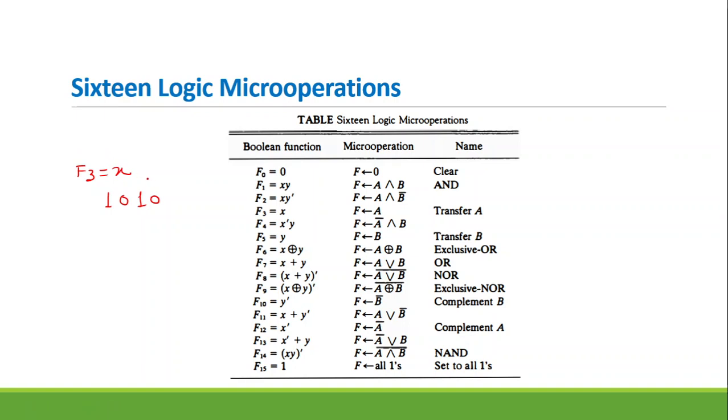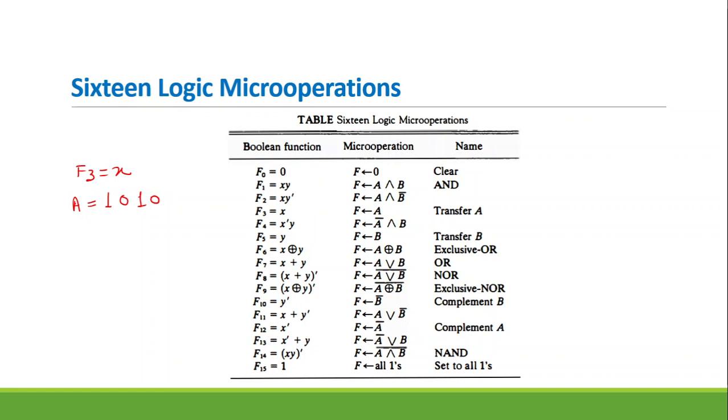That means the content of A will just be transferred to F. Similarly, A exclusive OR B: the content of register A and the content of register B undergo a bit by bit exclusive OR operation. So when we do the different microoperations, we are basically doing bit by bit operations between the binary contents of the two registers.